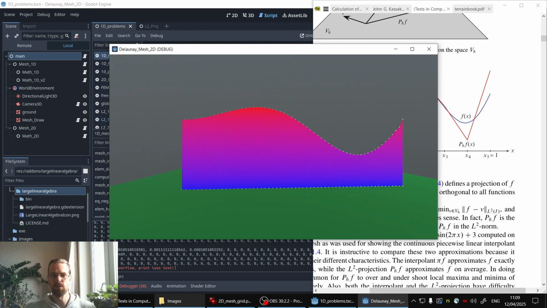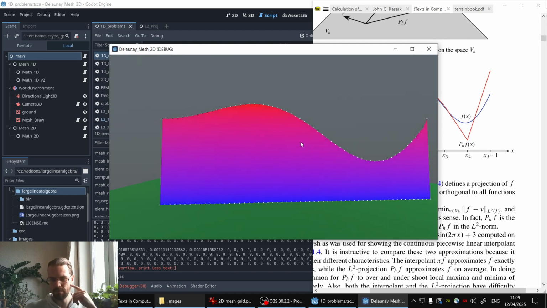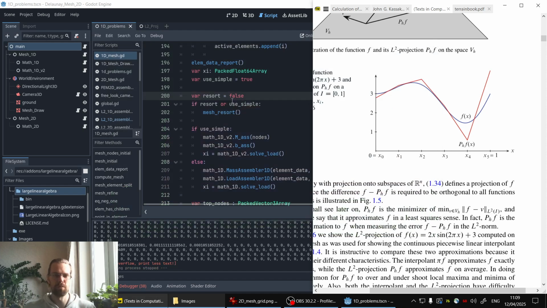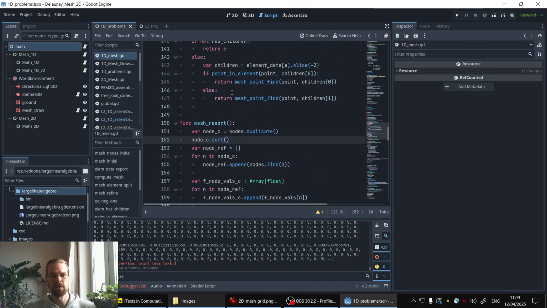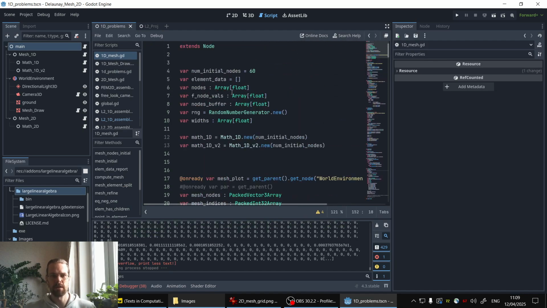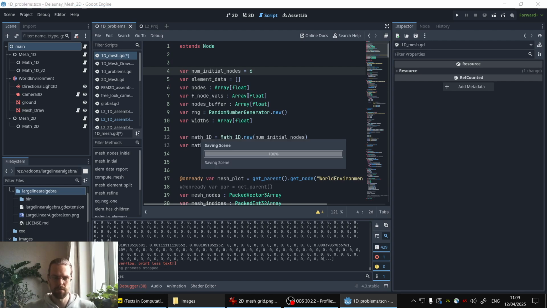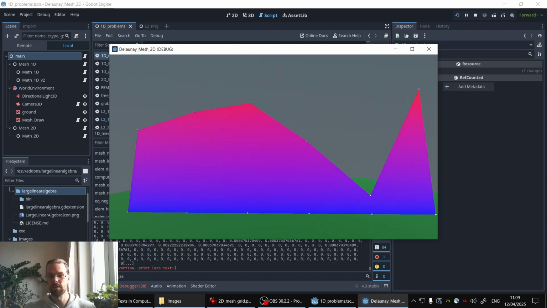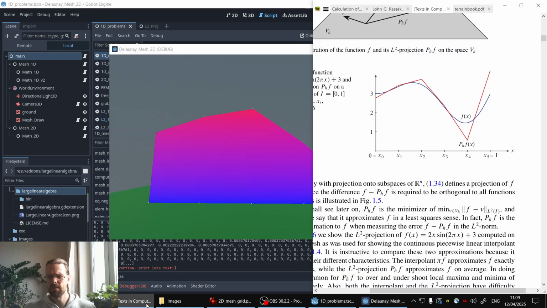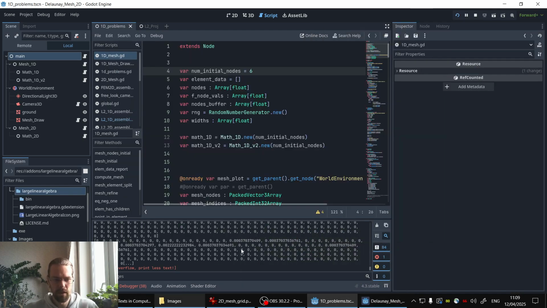It shows you the L2 projection. Maybe what may be curious is to reduce the number of elements, for example to 6 as in the presentation, as in the book. Okay, it looks hideous, but I guess it's exactly the same as what is going on in the book.